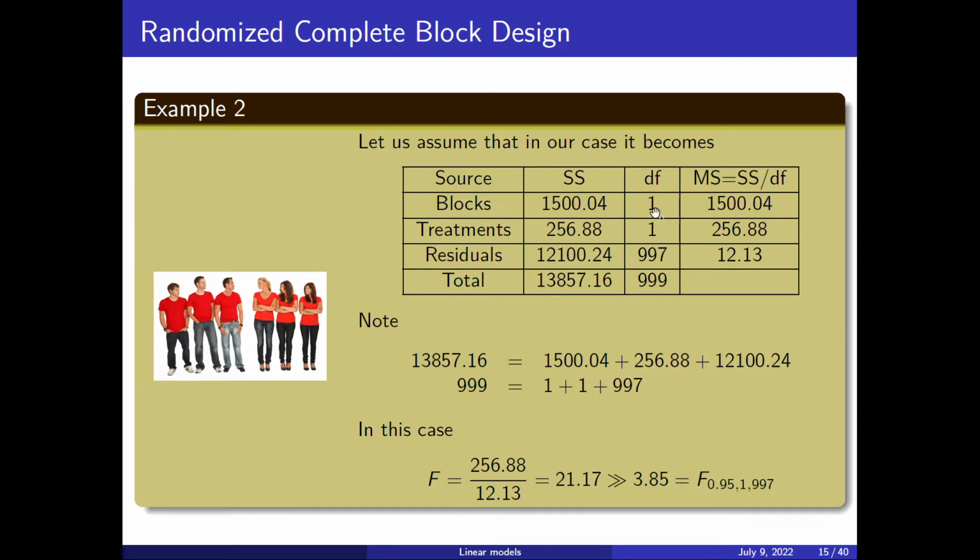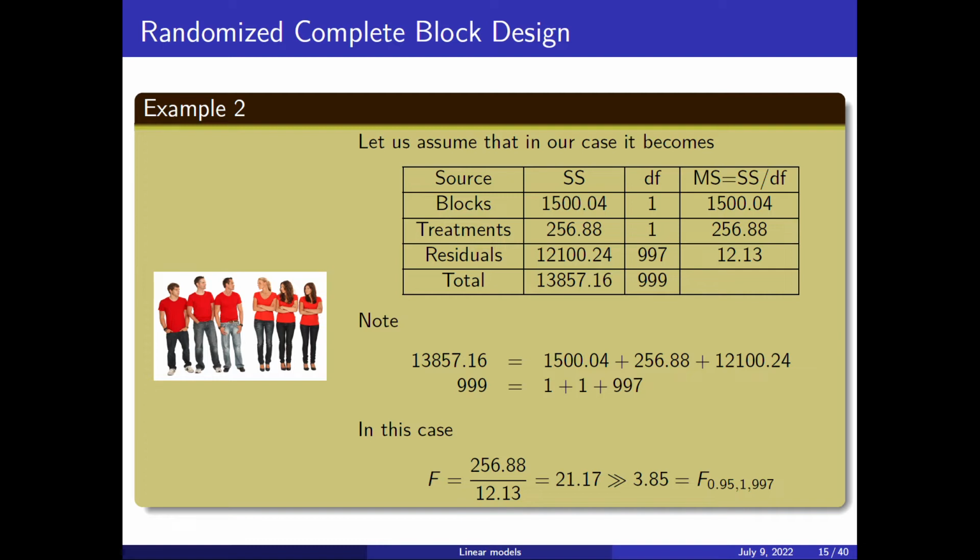So now I want to show that my treatments are above the level of noise. So I have to compare the mean squares of my treatments to the mean squares of the residuals. And now the ratio is not almost 19 as it was before, but it is 21. So I'm even more sure that my treatments are effective.